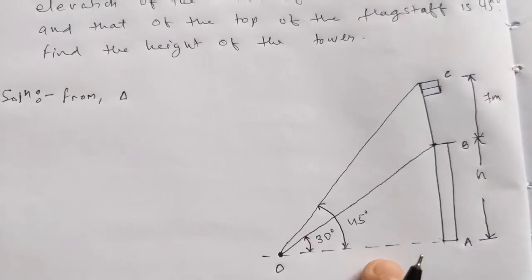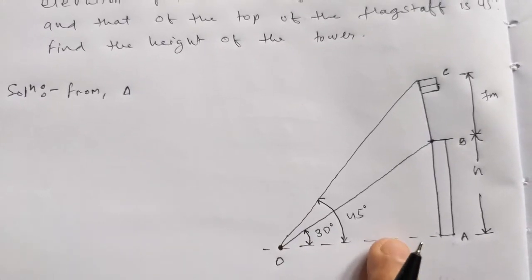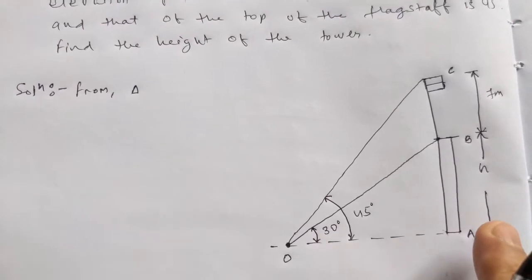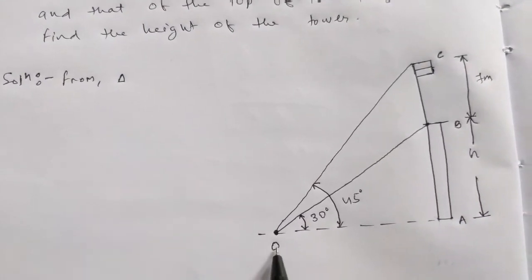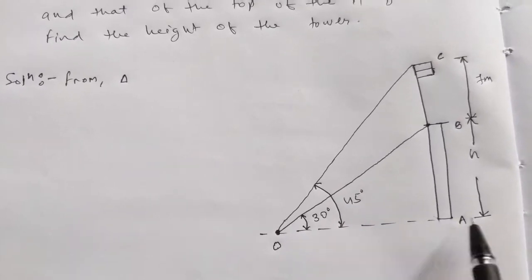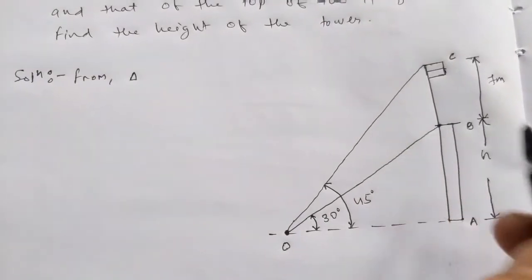Okay, you have to understand this figure. One part is common for both the objects, that is the base OA. OA is common for the tower, and O is also common for the flagstaff.